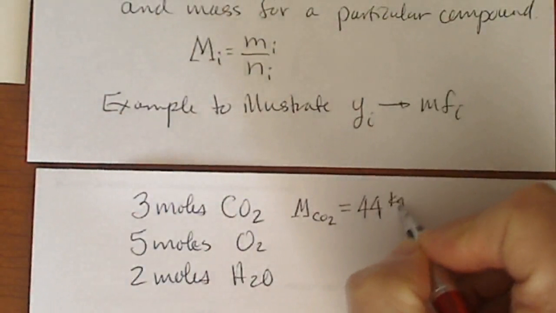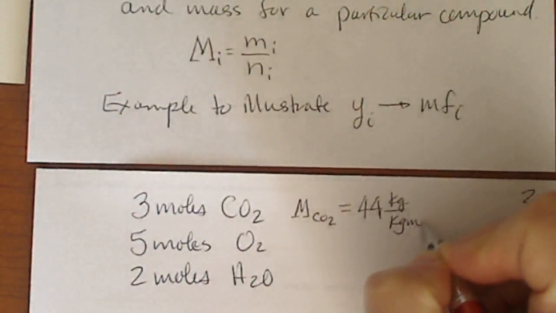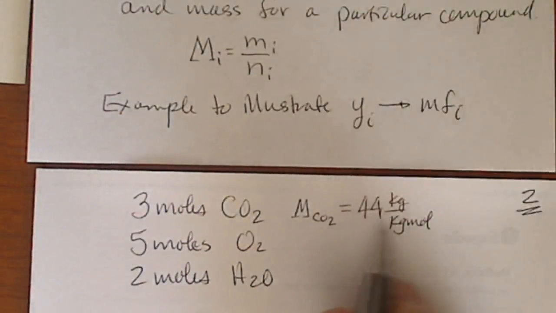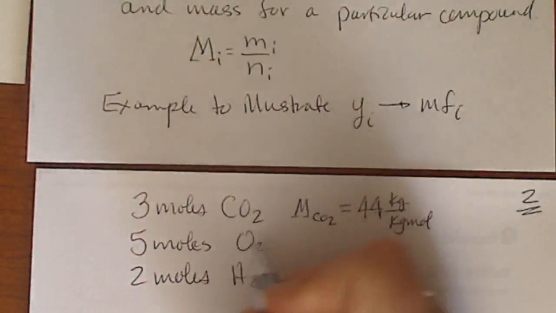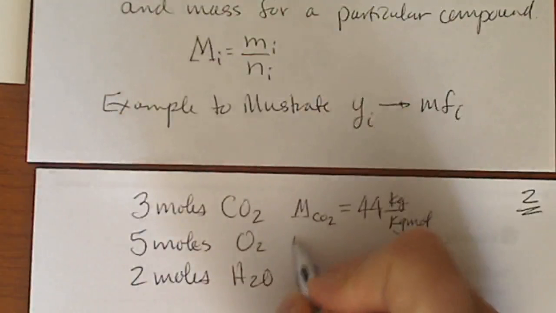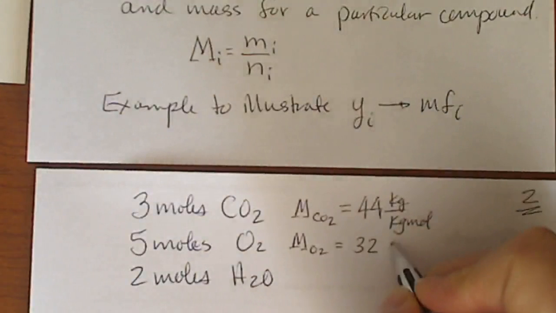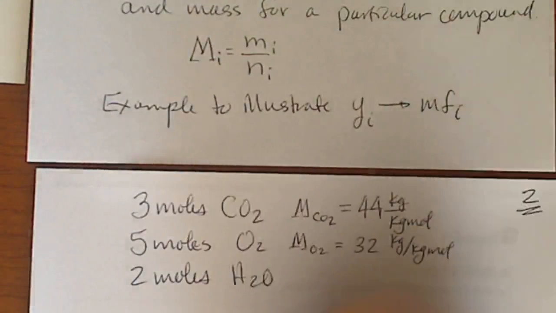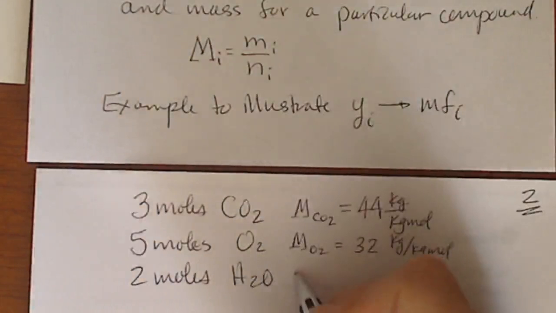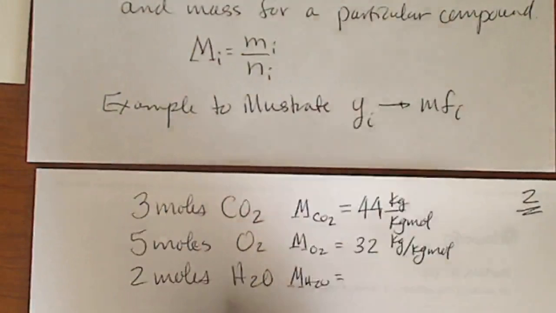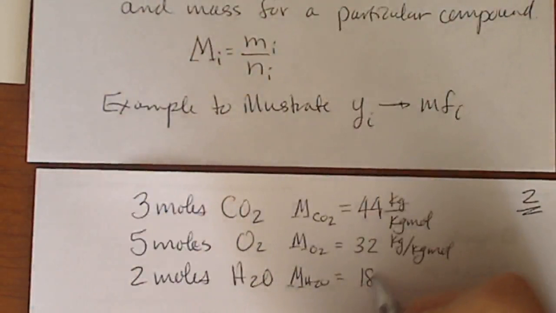We write kilograms per kilogram mole. And likewise, for oxygen, I just gave that one away. We'll call that 32. And for the water vapor, 16 plus 2 times 1, we'll call it 18.